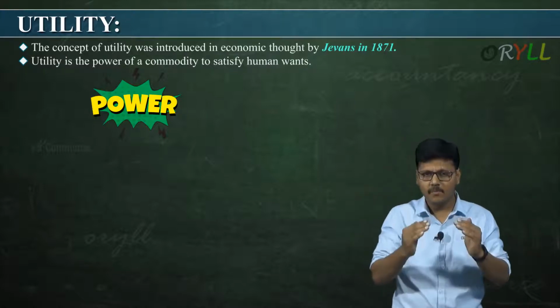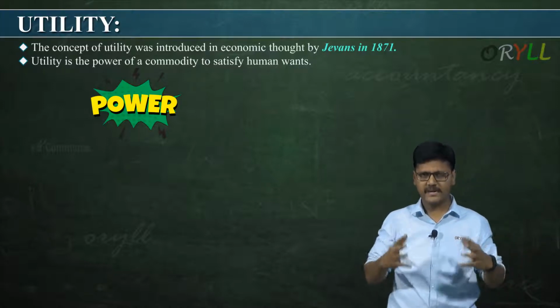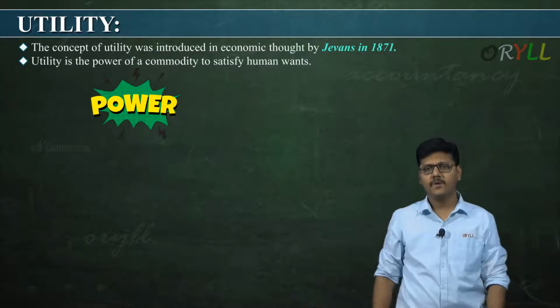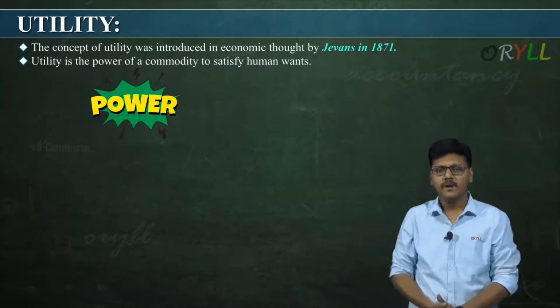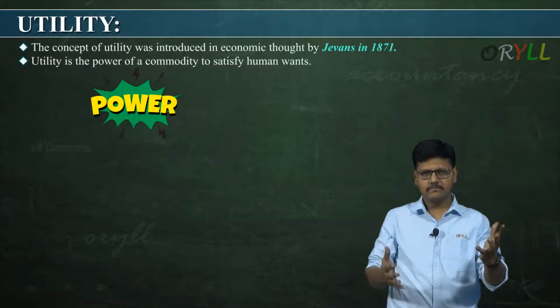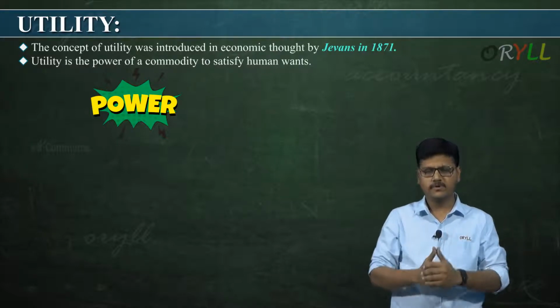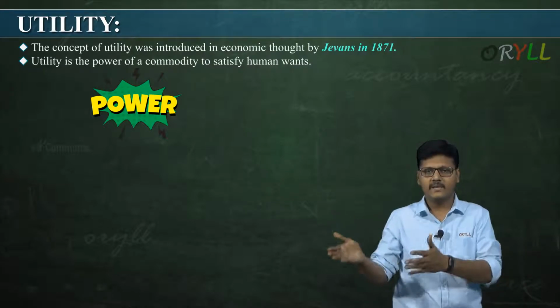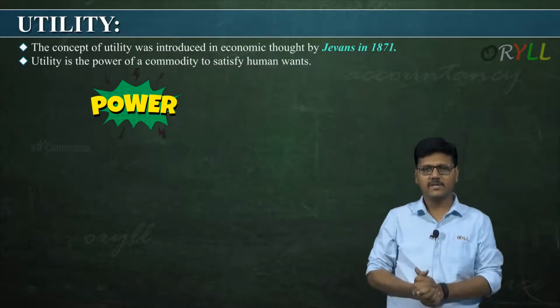It means when a commodity has the capacity or power to satisfy human want, that commodity has utility. For example, take one example. There is a car, a very good car, a Maruti car, Swift Desire. At the same time, on another side we have another Maruti car.